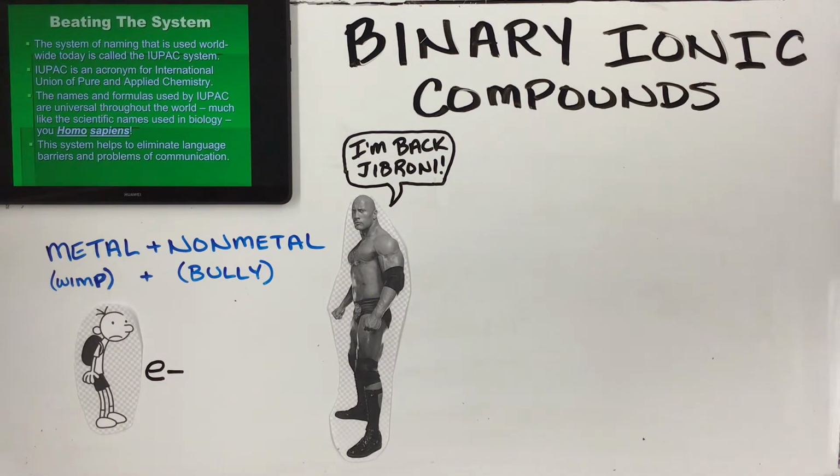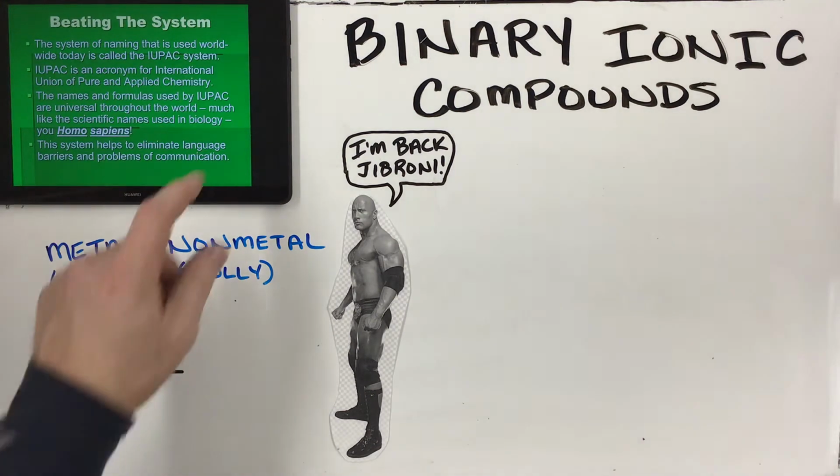For example, we are Homo sapiens. If I go to any country in the world and say I'm doing a study on Homo sapiens, they're going to know it's us, it's humans. Felis domesticus, that's your cat. Canis familiaris, that's your dog. You get the idea. This system eliminates language barriers and problems of communication, so we can share information as quickly as possible.